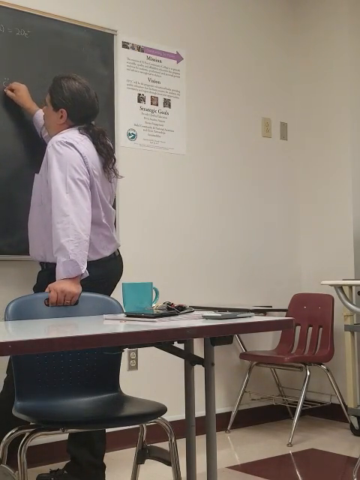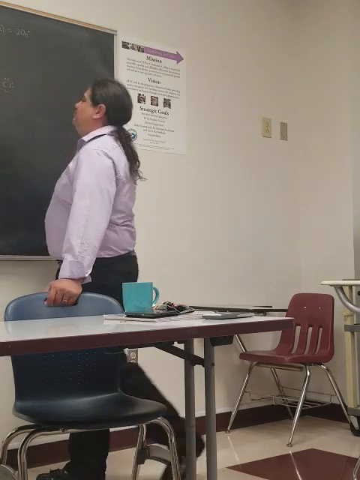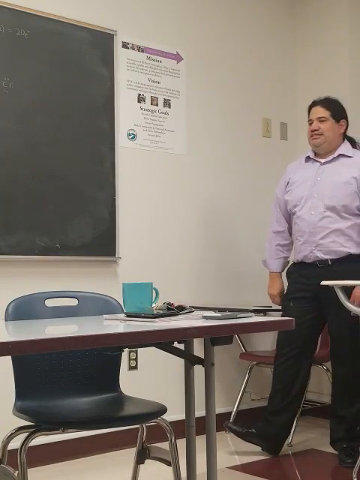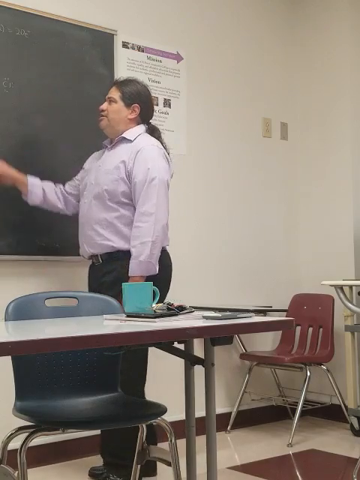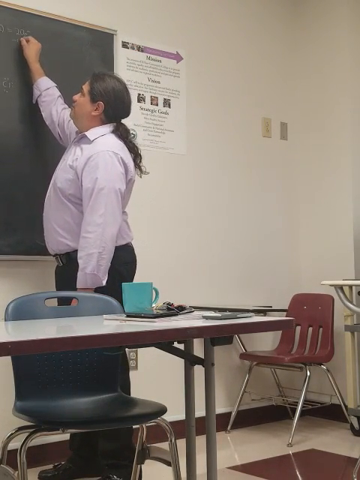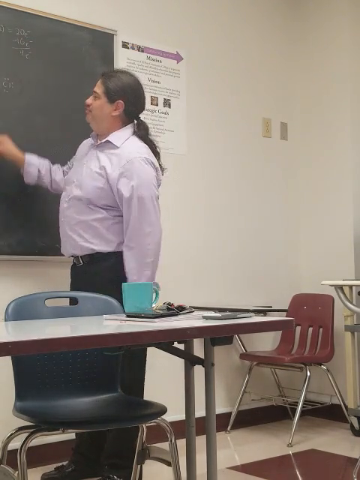Step 4, leftover electrons, place them on the central atom. We have 8 plus 8, that's 16. We have 24. 20. 4. Okay, and that's 2 pairs.